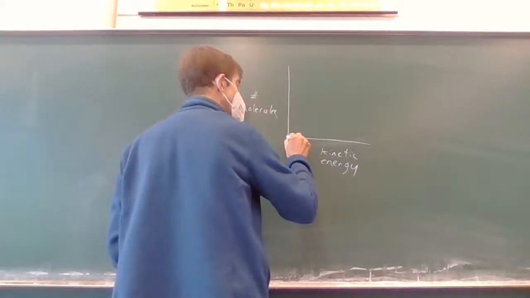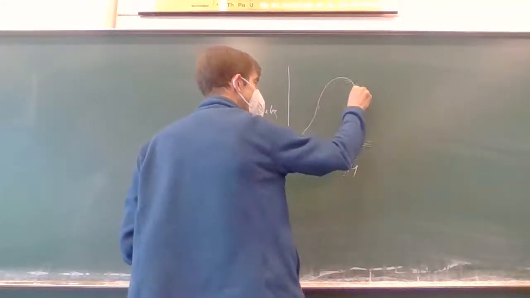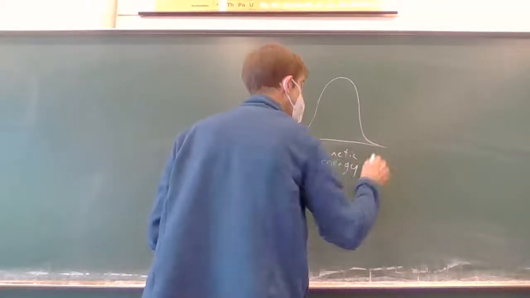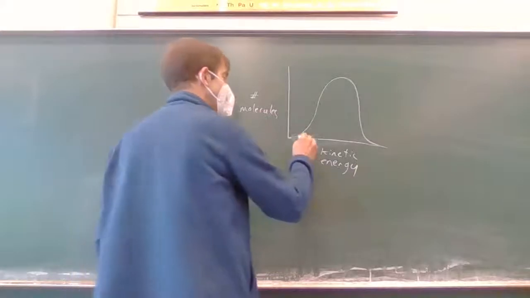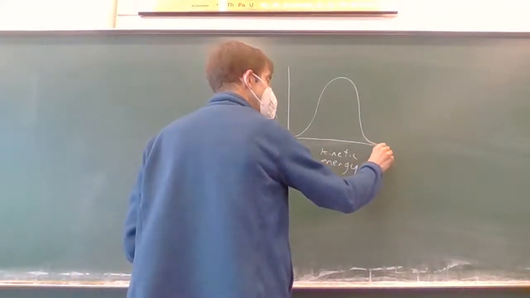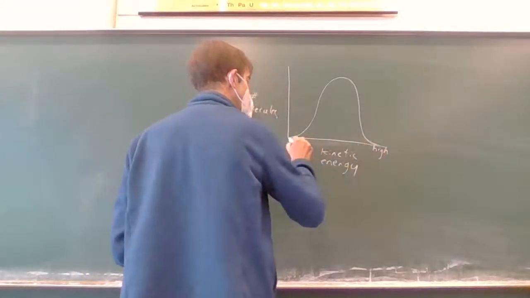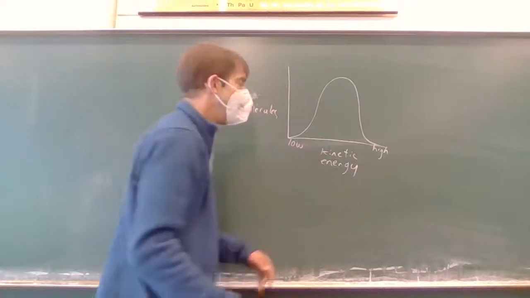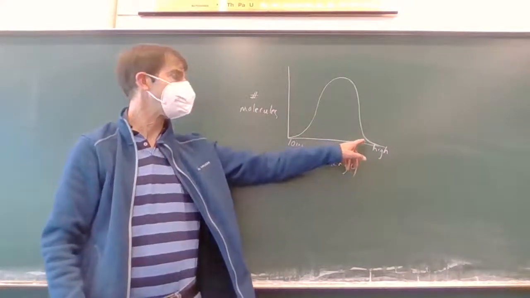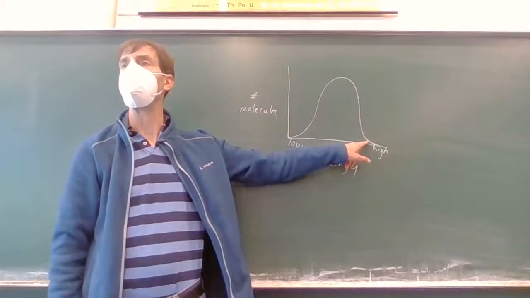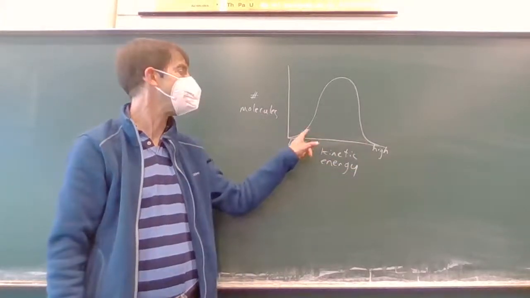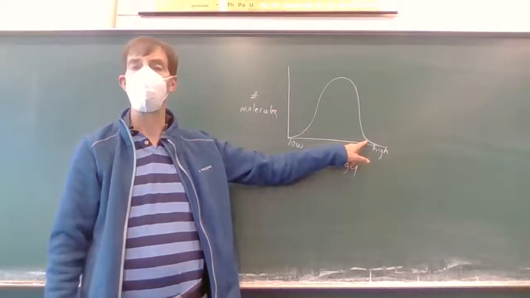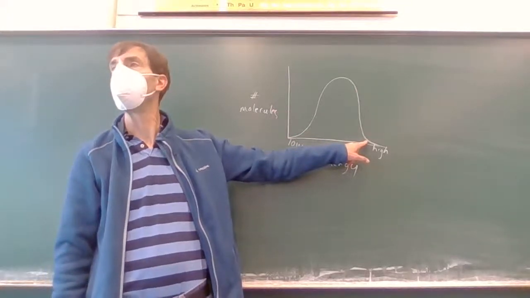Okay, so then I just drew something that looked like this. And we said, okay, this is a high amount of kinetic energy. This would be low. What do you suppose I could say about the molecules out here at this end? How might they be looking different than the ones over here? How might these guys look if I could see them?